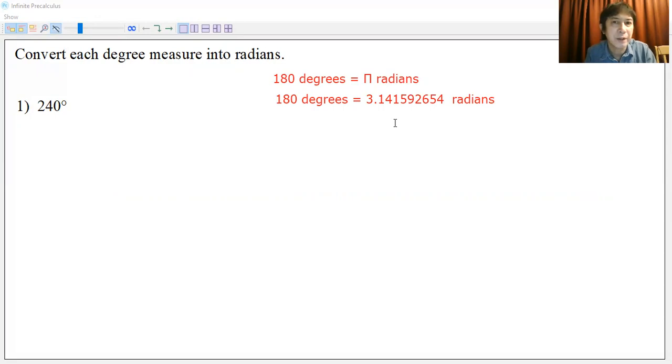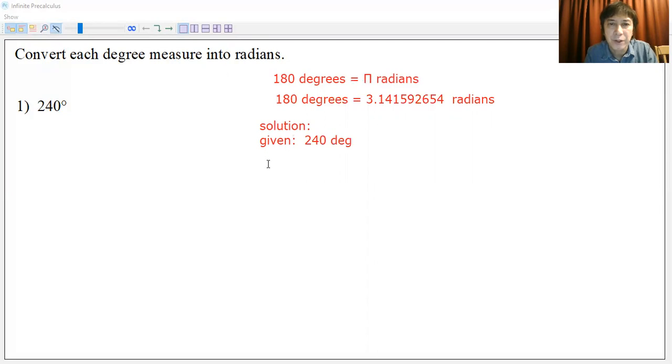Okay, so let us make use of the first problem, convert each degree measure into radians. We will start with the solution, and the given is 240 degrees.